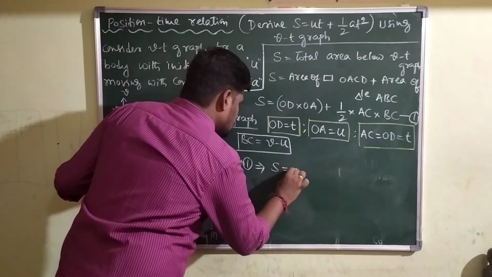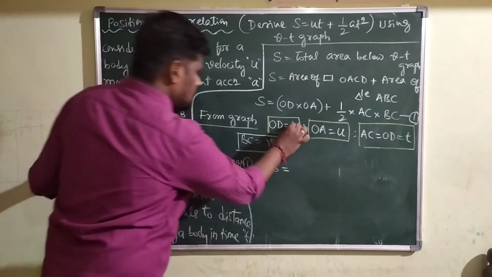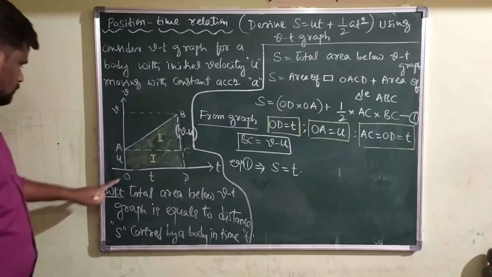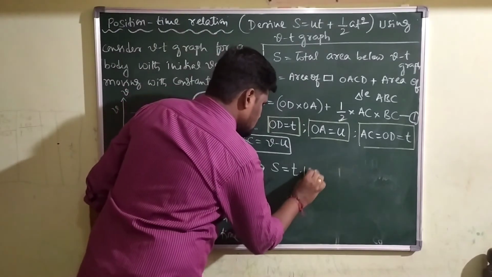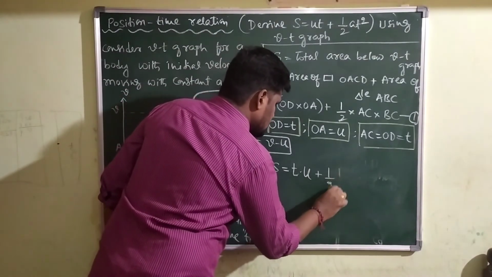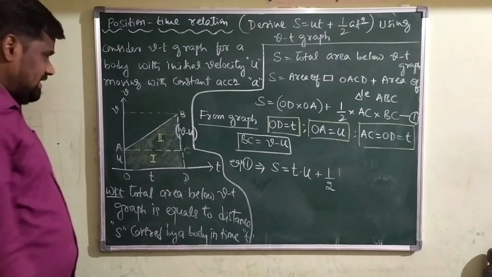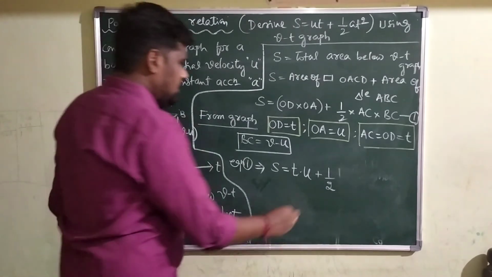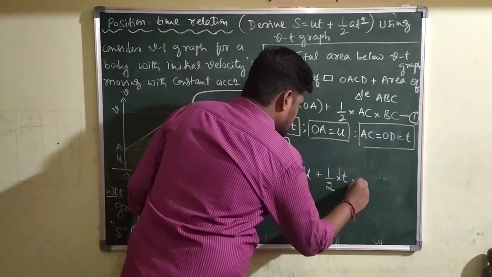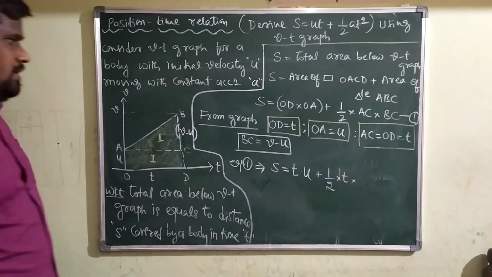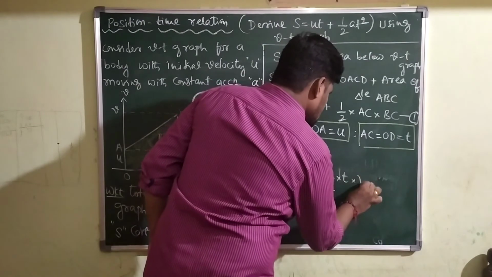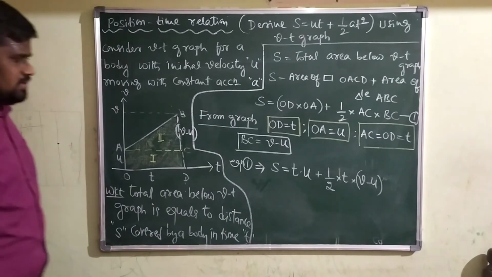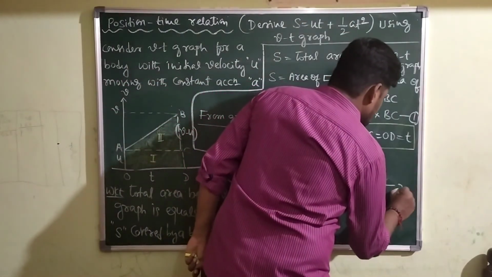Then S is equal to OD, which is T, into OA, which is U, plus half into AC, which is equal to OD equals T, multiplied by BC, which is V minus U. Okay? I will call this equation number 2.